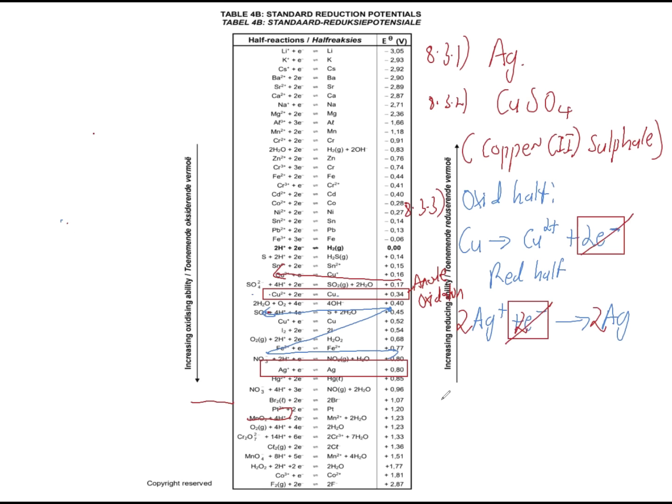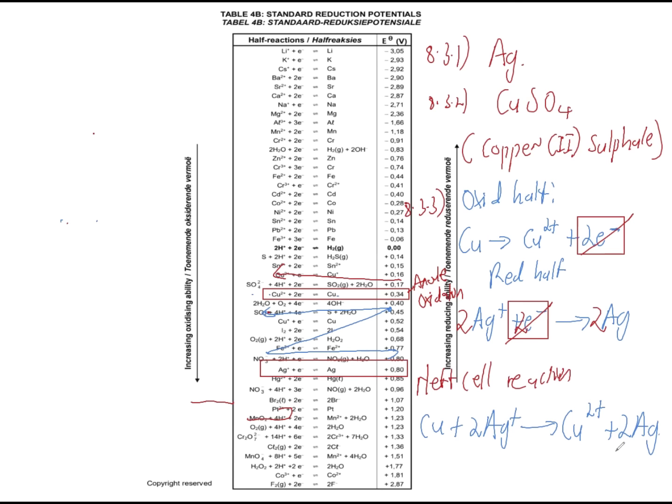And then to write the net cell reaction, we simply drop down everything that is on the left. So that's your Cu plus 2Ag+, and then to yield, drop everything that's on the right, that's Cu2+ plus 2Ag. Right. And just like that, we now have our net cell reaction.